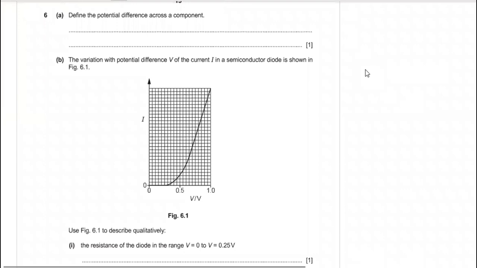Question number 6. Part A, define the potential difference across a component. Potential difference, PD, is the energy transferred, remember this is across a component, from electrical to other forms of energy.